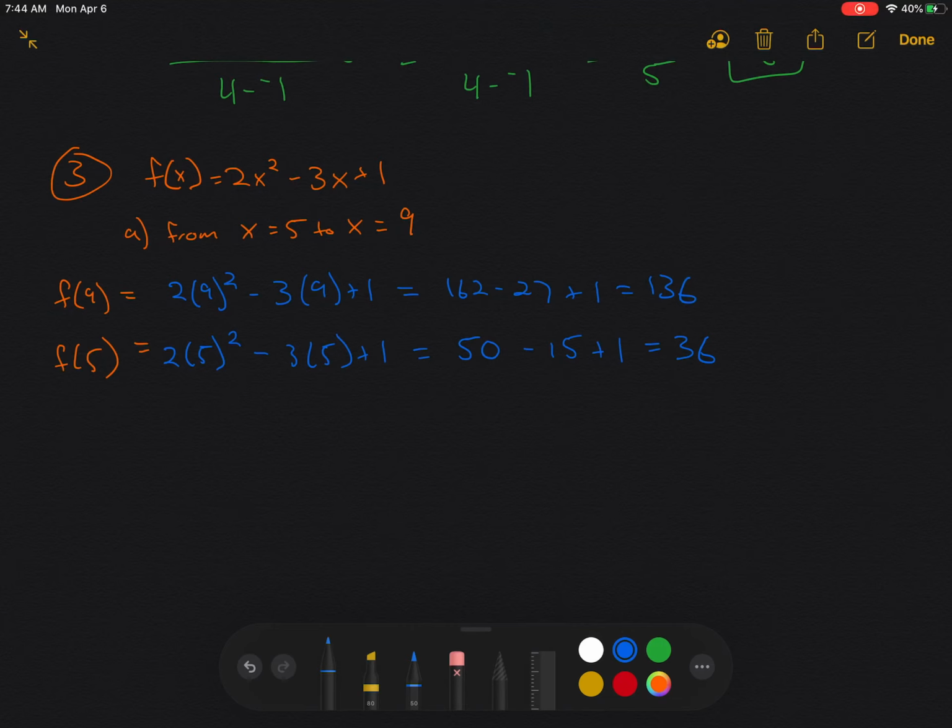We can plug it into our average rate of change formula. We're going to have 136 minus 36 over 9 minus 5, which gives you 100 over 4, or 25. Okay, average rate of change is 25.